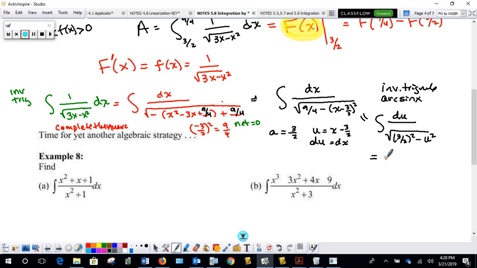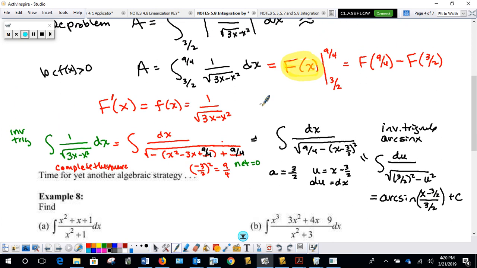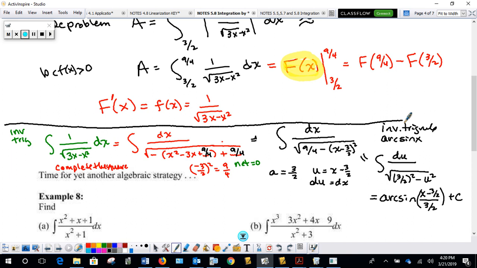So I'm going to do my arc sine of u, which is x minus 3/2, over a, which is 3/2. And then, of course, plus c. So I have plugged this in. And then the final step is to come up here once I found this antiderivative. All of this work down here was just work that I'm doing to find the general antiderivative.